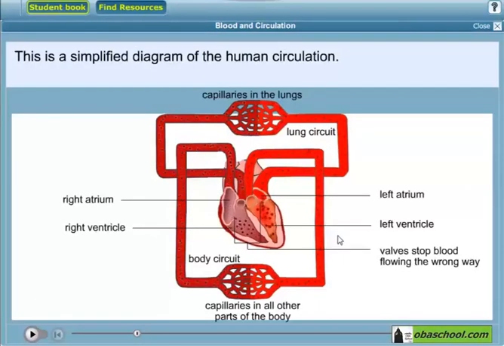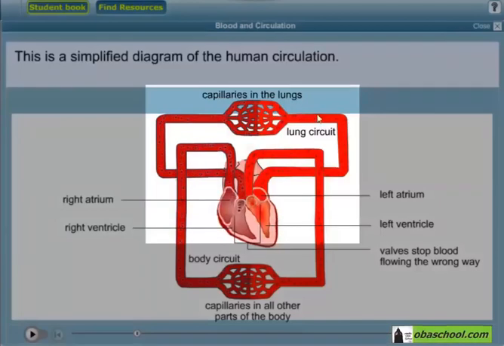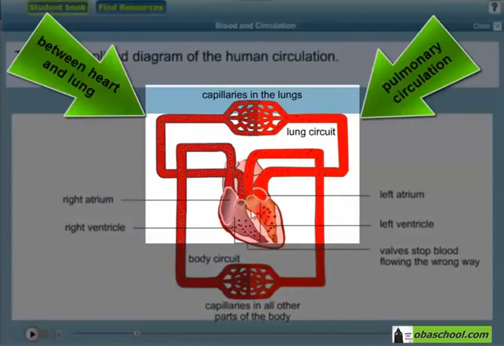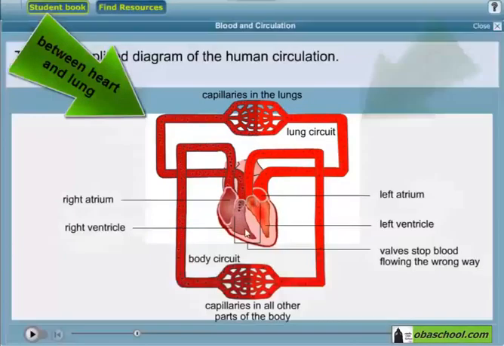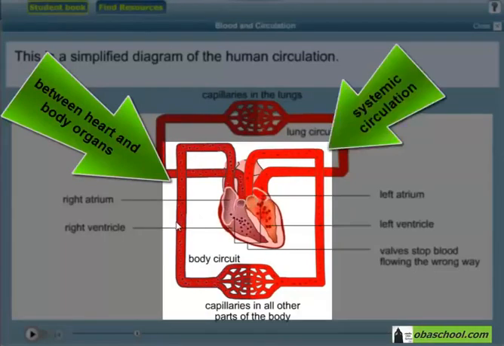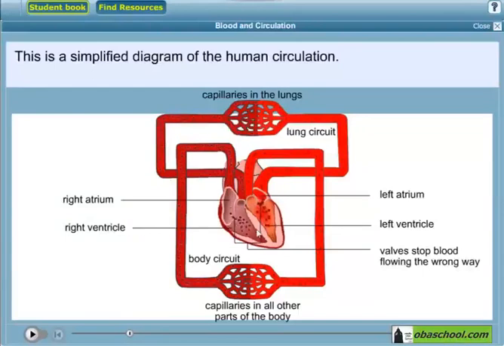So this is a simplified diagram to show the human double circulation. This is the pulmonary circulation, the circulation between the lungs and the heart. And this is the systemic circulation, the circulation between the heart and the body organs.